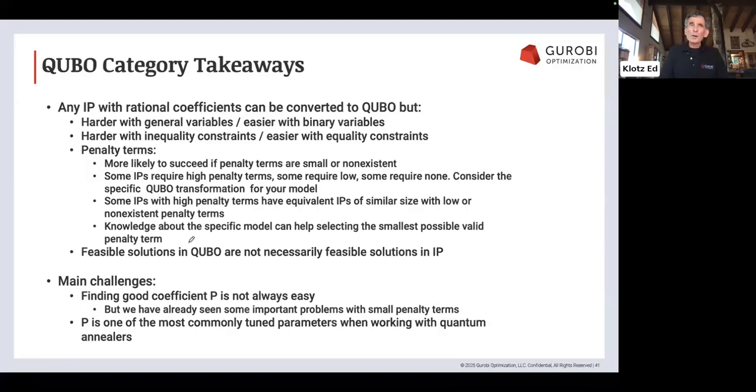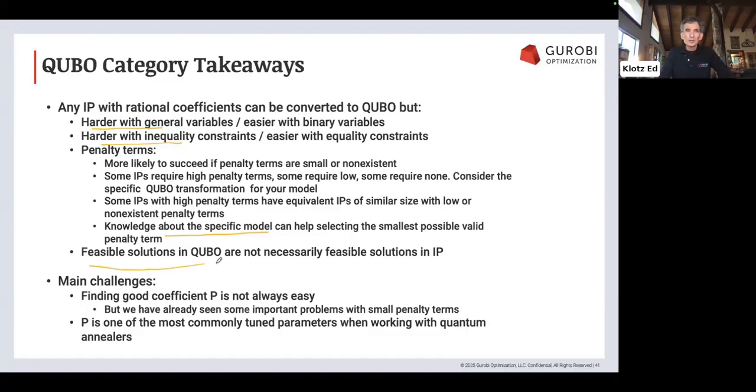So regarding takeaways from these different categories, any integer program with rational coefficients can be converted to a QUBO, but there is additional work with general integers or inequality constraints. Smaller penalties are better. And sometimes you may be able to reduce a model that has seemingly large penalties to one with smaller penalties if you exploit knowledge about the specific model.